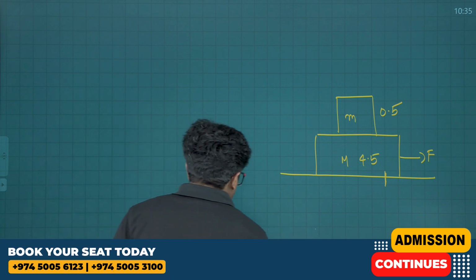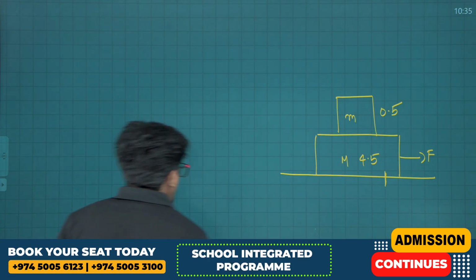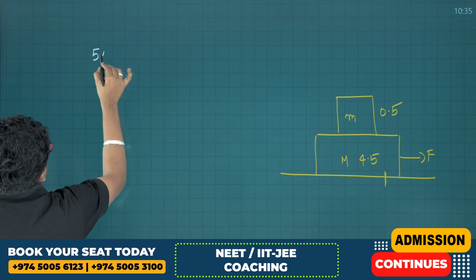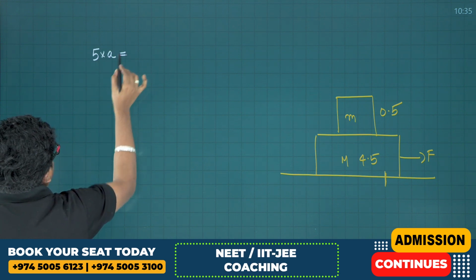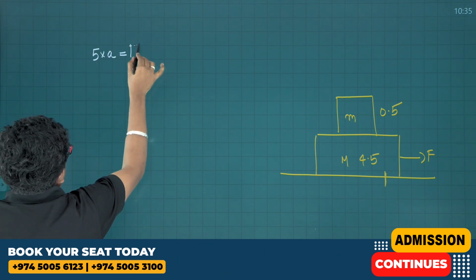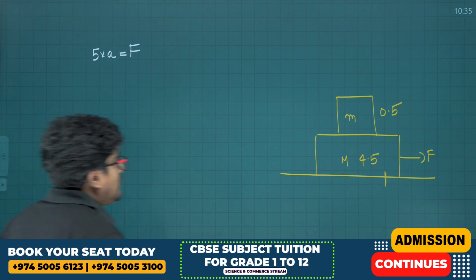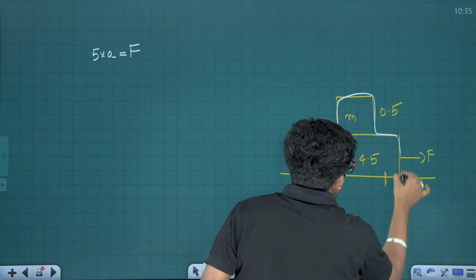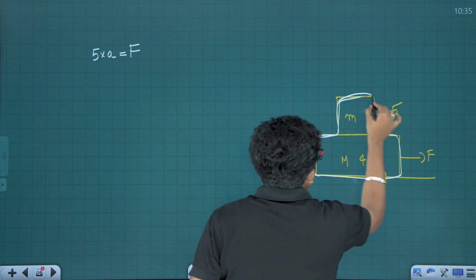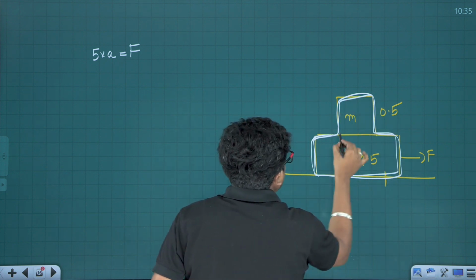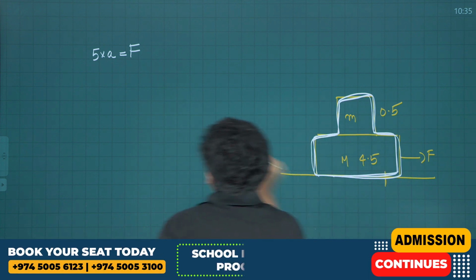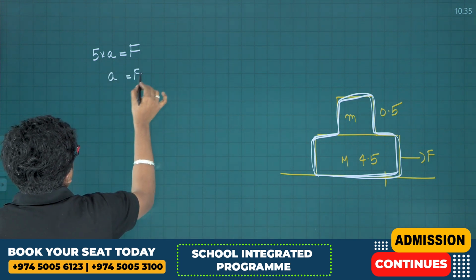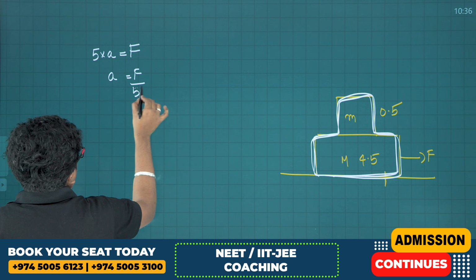So these two masses, small letter m plus capital M, all together it gives a mass of what? 5 kg. So 5 kg mass is going to move with an acceleration of a towards right under the influence of force capital F. If I consider the motion of this all together without any slipping, the total mass is 5 kg, moving towards right with an acceleration of a. So I can say that acceleration a is equal to F by 5.